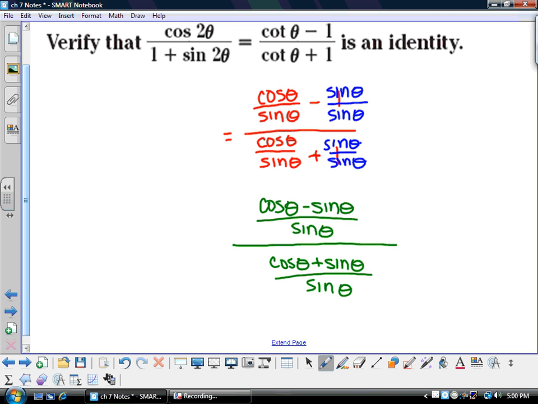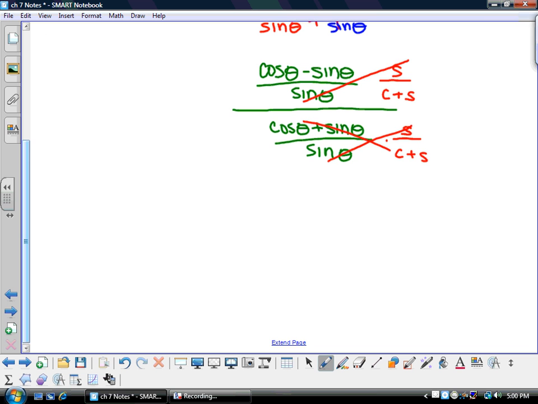So I'd be multiplying by sine over cosine plus sine, a little shorthand. That's going to clear out this fraction. The sines are going to cancel, and I'm going to be left with cosine minus sine over cosine plus sine.